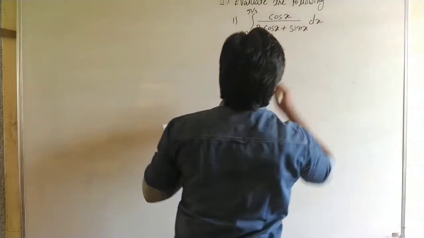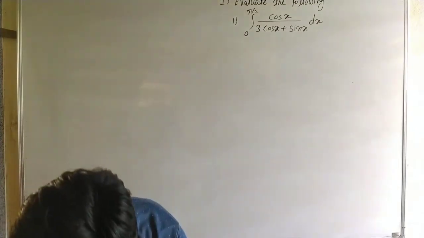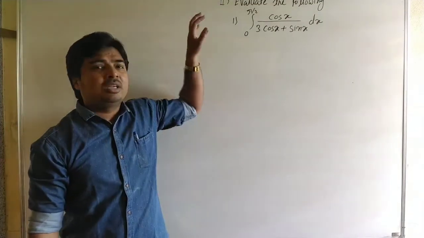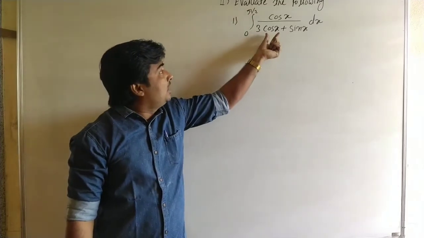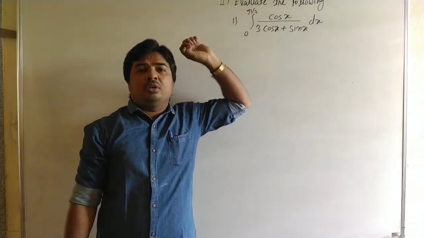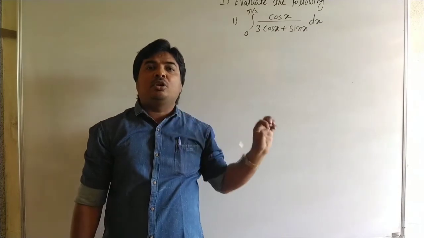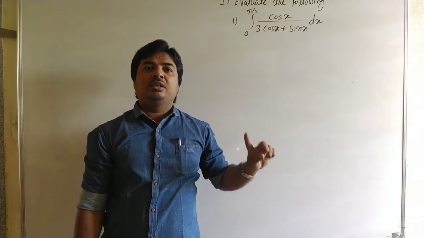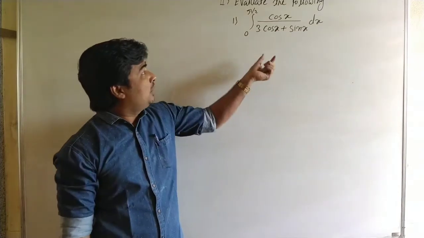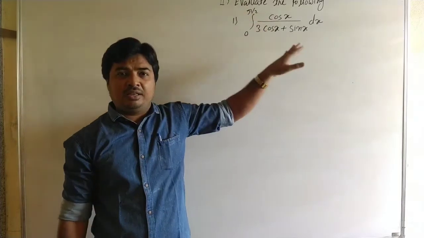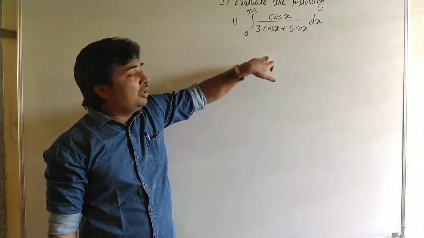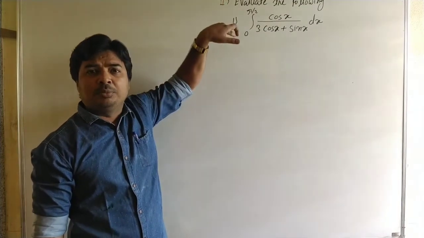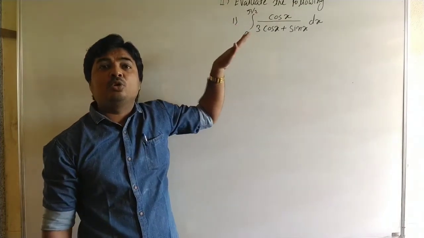dx. Now, to solve examples in the definite integral, first we check whether the integral is solvable by the method of integration in indefinite integrals. If we can solve this integral directly, then we evaluate it and put in the limits, that is, upper limit minus lower limit.